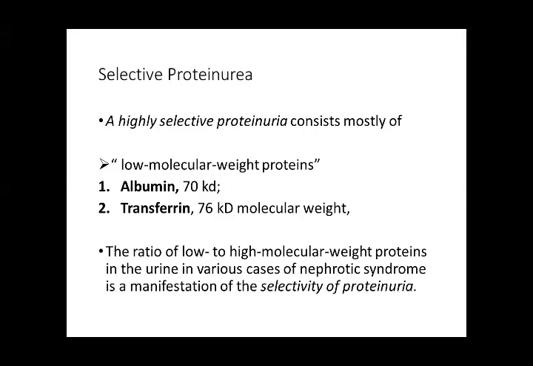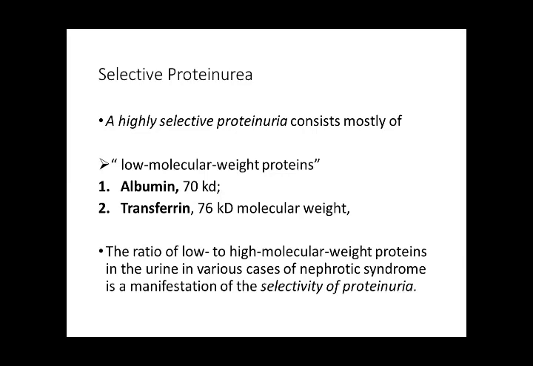Selective proteinuria, and then highly selective proteinuria, we have lost albumin. A protein similar in size to albumin is transferrin, 76 kilodalton molecular weight. And if we lose transferrin, it means that we are going to get kidney damage induced anemia.